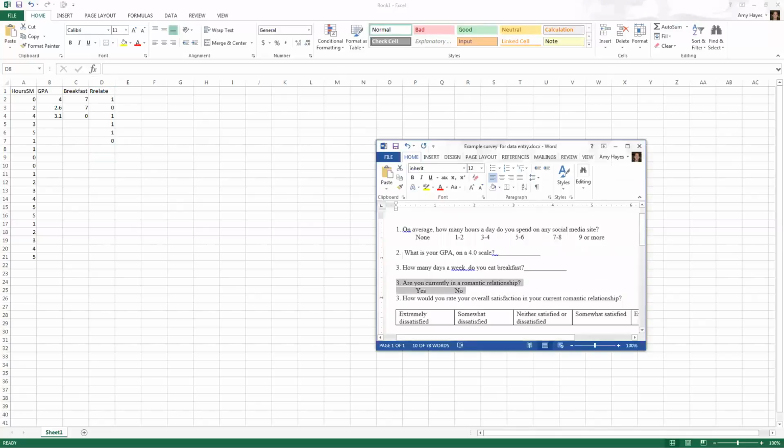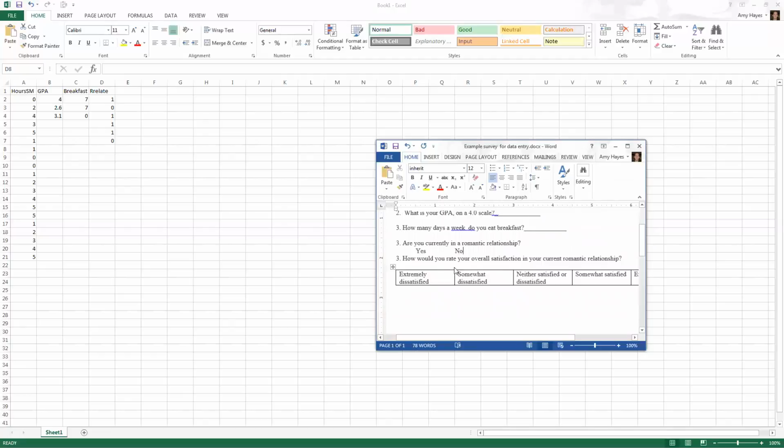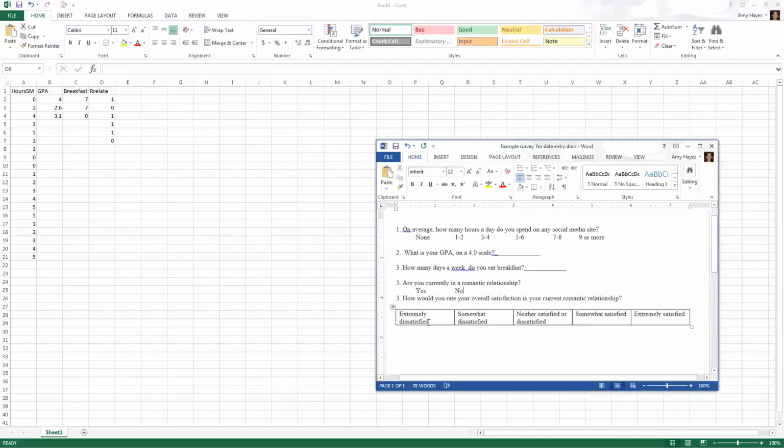Okay. And then the last question on this person's survey is one of those Likert type scales that ranges from extremely dissatisfied to extremely satisfied. So it's a 1, 2, 3, 4, 5-point Likert scale. What you're going to do with Likert scales is it's kind of like what we did on number 1, is assign each of these answer choices a number.